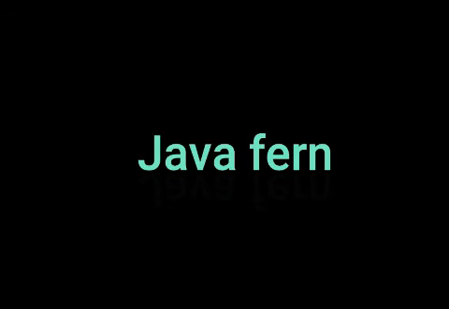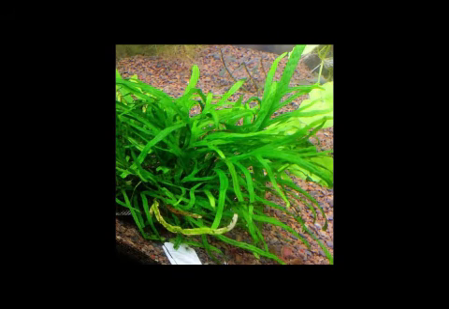So we'll see the next plant, that is Java fern. Java fern is an aquarium plant. It originated from Indonesia, from the island of Java. This plant is also found in Malaysia, Thailand, Northeast India, and some regions of China. This plant survives in low sunlight, and it can survive by sticking to any surface.